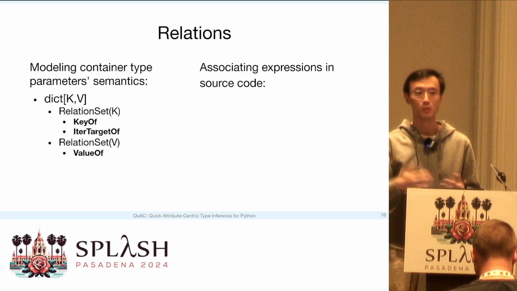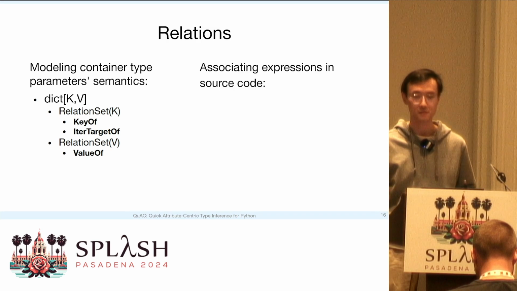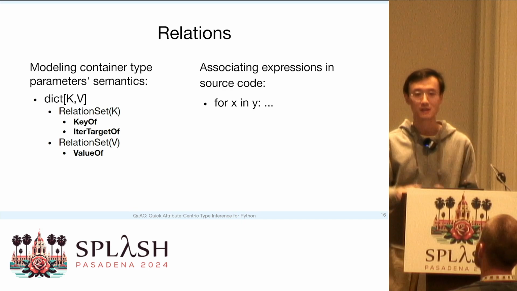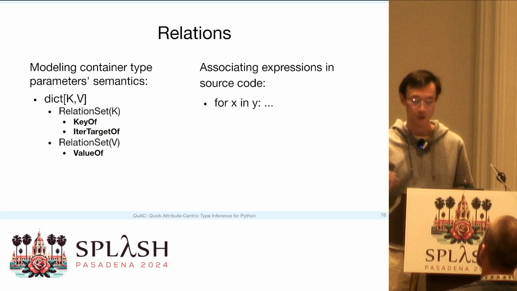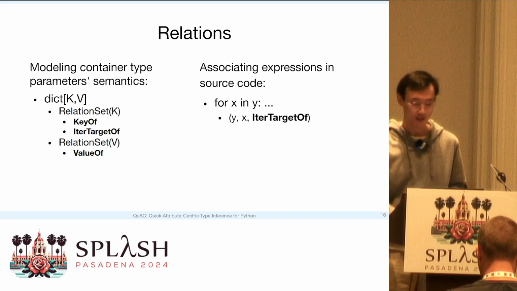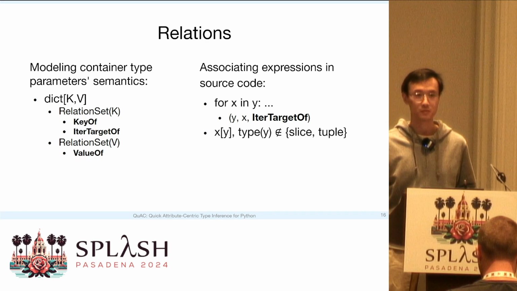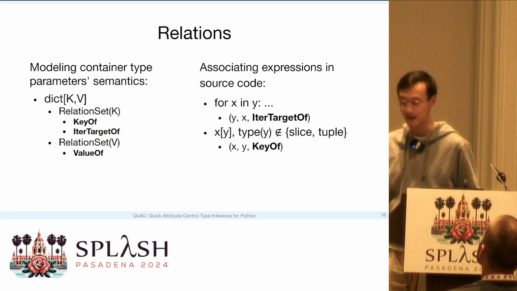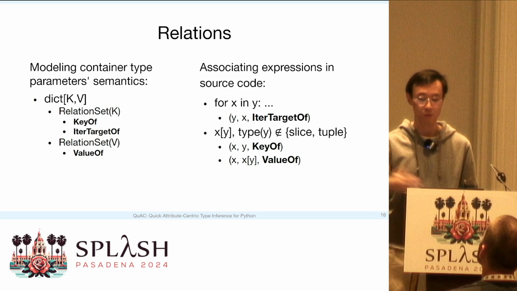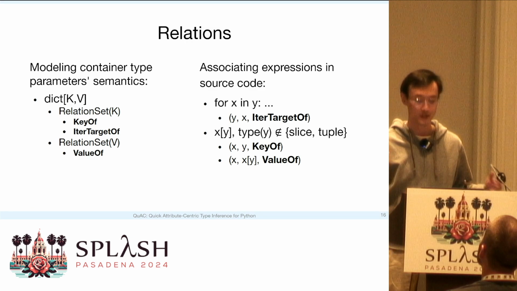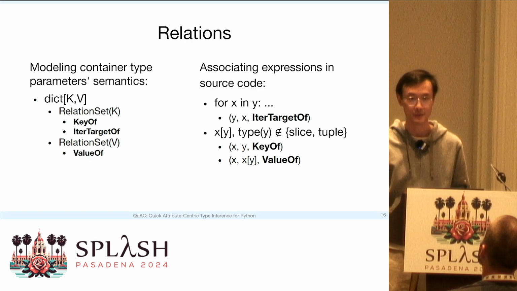In addition, we also use relations to associate potential container expressions with semantically related expressions when we analyze source code. For example, given the for loop "for x in y", we record that x is iter_target_of y. And given the indexing expression x[y], we record that y is key_of x, and x[y] is value_of x. This procedure allows us to recursively predict container type parameters.